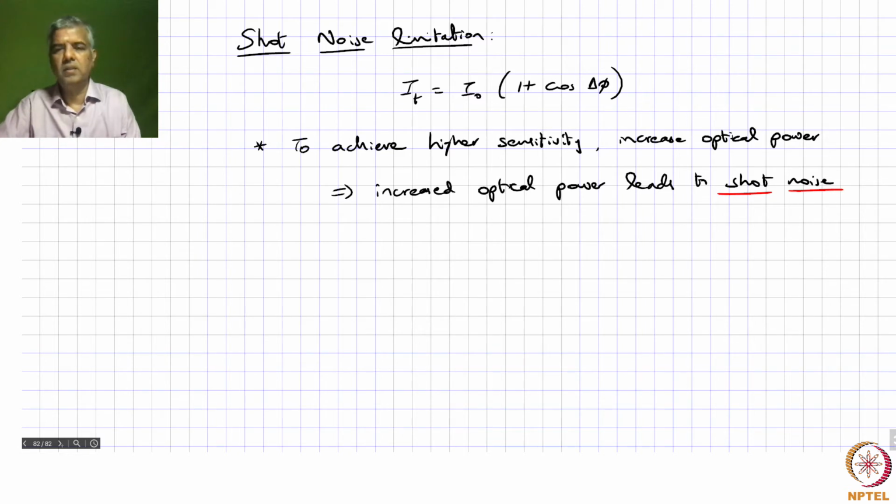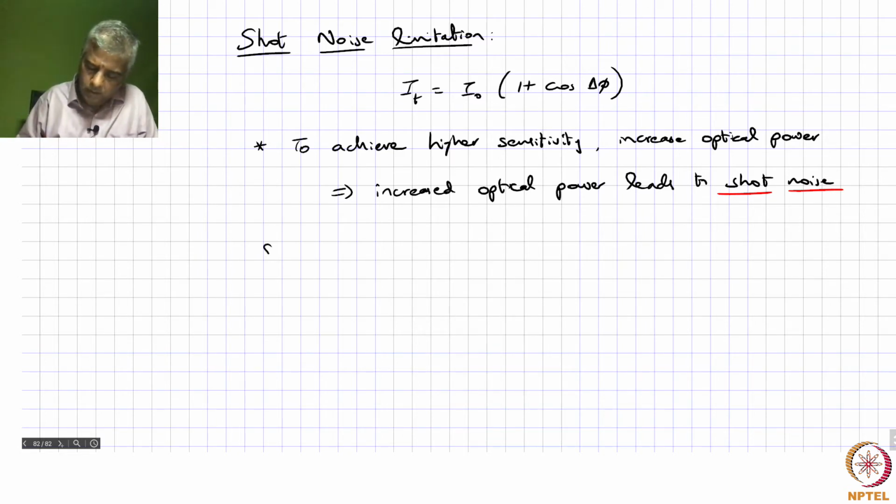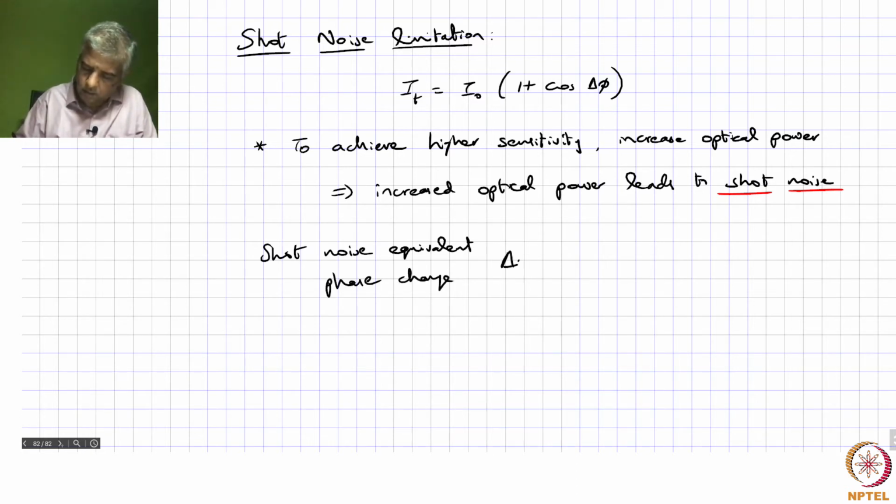Okay, those are the things that we want to quantify. So when we look at the shot noise equivalent phase change, let's call this delta phi RMS due to shot noise, right?